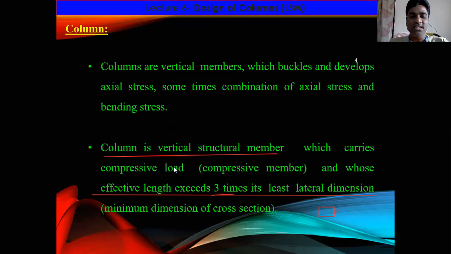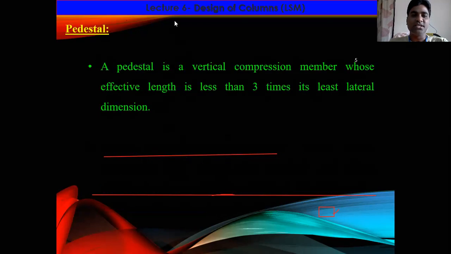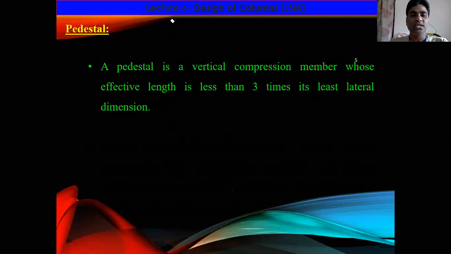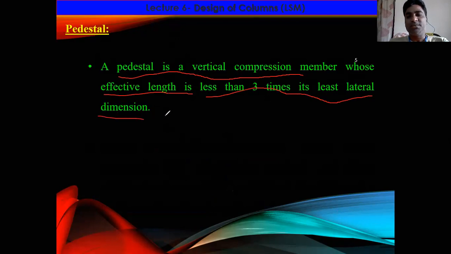If it is less than 3 times the least lateral dimension, then it is called a pedestal. A pedestal is nothing but a small column. It is also a vertical compression member whose effective length is less than 3 times the least lateral dimension.